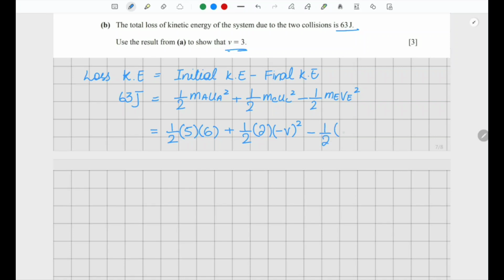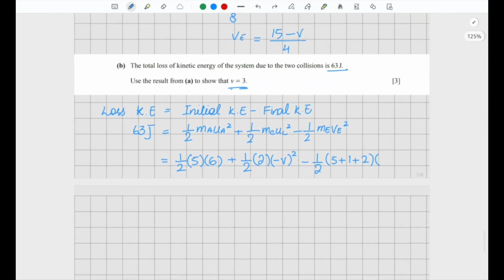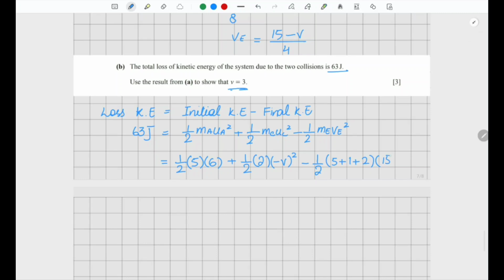Now particle E is the coalesced particle, so its mass would be the sum of all the three masses, so 5 plus 1 plus 2 and velocity is ve. Okay, let's put in the velocity that we found for ve in the last part, that is 15 minus v over 4. So 15 minus v over 4 square. Now solve it for v.